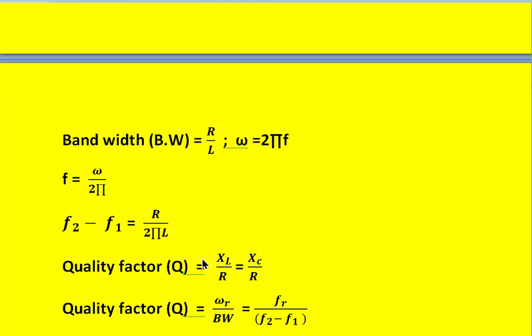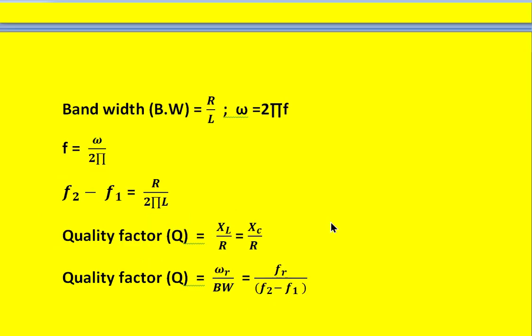Quality factor of the circuit can be written as inductive reactance divided by the resistance of the circuit, which is also equal to the reactance of the capacitance divided by resistance of the circuit. This quality factor can also be written as the resonance frequency divided by bandwidth. So resonance frequency can be written as Fr, whereas the bandwidth can be written as F2 minus F1.